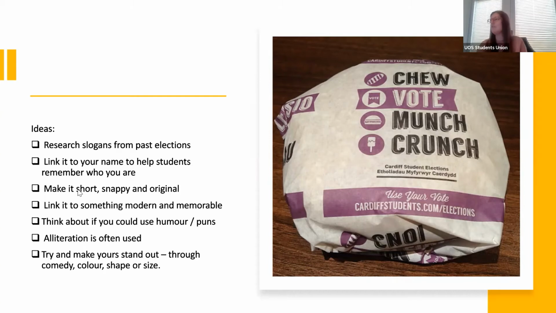I know that you have to post the correct size on the platform, but this is what Cardiff Students' Union did with their promotional materials. They did wrappings for their burgers in their shop. If we were on campus, we could have done that with our meal deals, but maybe next year. But have a think of what you can do and how you can have fun.